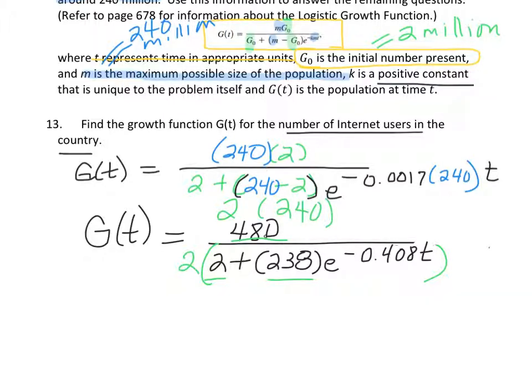So 480 is 2 times 240, and 2 times 1 is 2, and 2 times 119 is 238. And at this point, we can cancel out those 2's and arrive with the most compact version of G of T that you can get.